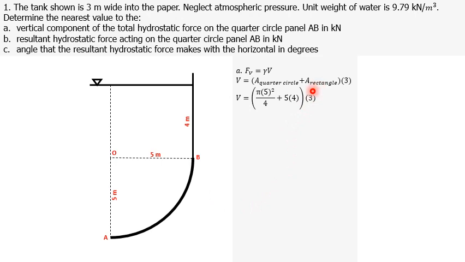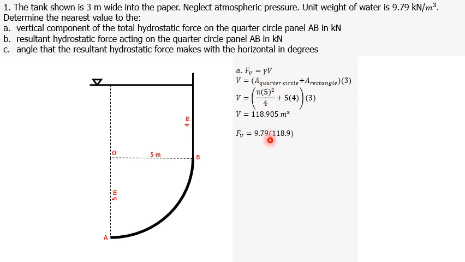And for the area of the rectangle, that is equal to base times height, where our base is 5 meters and our height is 4 meters, multiplied by 3 meters. Therefore, volume is equal to 118.905 cubic meters.